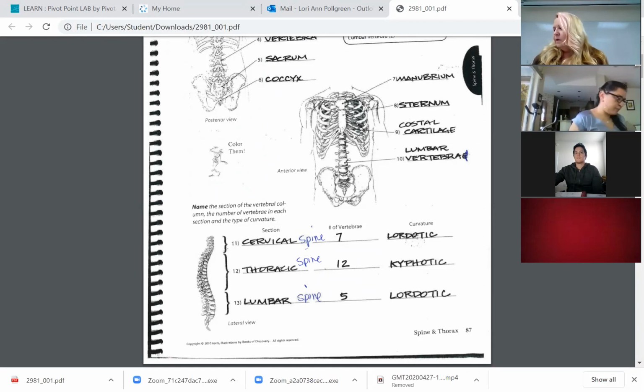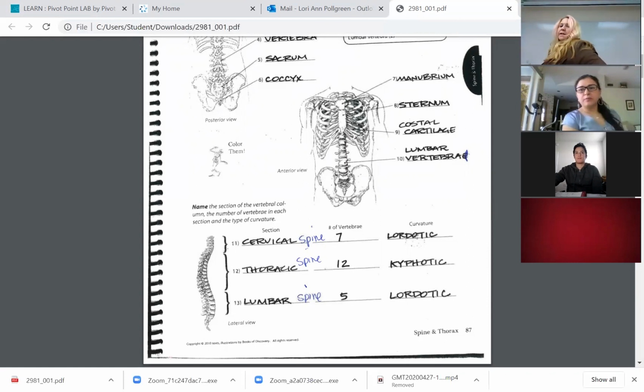And when you get into pathology, and you guys already have, so you probably learned a little bit about lordosis and kyphosis, where the curve becomes too over exaggerated. Kyphosis in the thoracic spine gives the hunchback. Lordosis in the cervical spine gives the forward anterior head tilt.